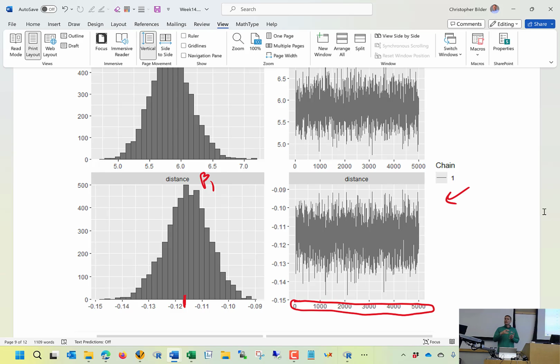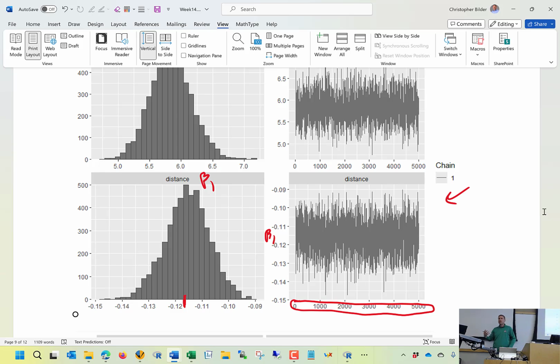So the first beta 1, the second beta 1, the third beta 1. And then we have the actual value of beta 1 represented on the y-axis. In our class, we would often draw points for each of the values, in this case the beta 1s. I don't do that here because we have 5,000 of them. That would just really clutter up the plot. But what we see here is that every beta 1 in that sample is connected by a line.